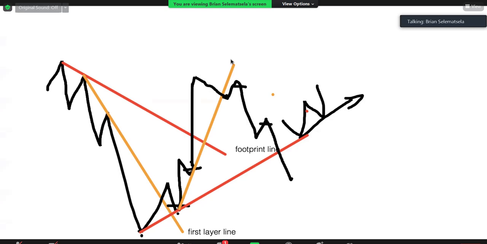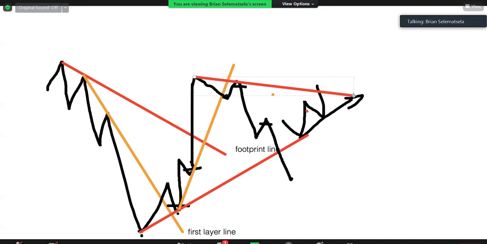And then don't make the mistake of not being able to draw your footprint and first layer on time while you're in a trade, because you need to know when you should actually pull out. And that can be determined by the breaking of the first layer.